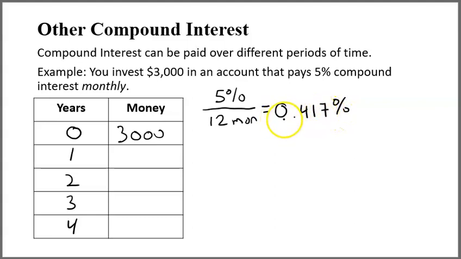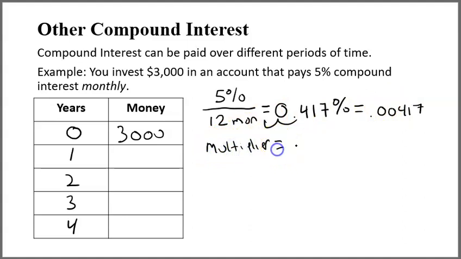So this is interesting. If I take 100%, that's less than a percent, right? So I move the decimal place over twice, 1, 2, and I get 0.00417.